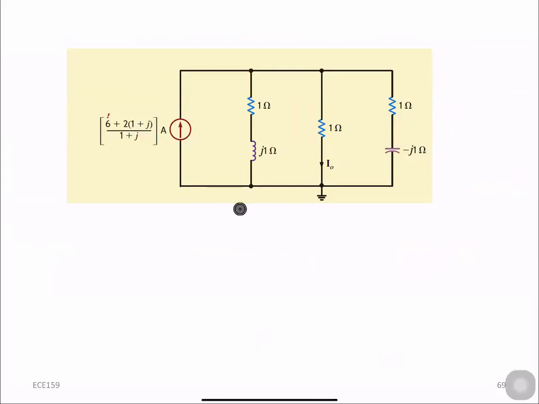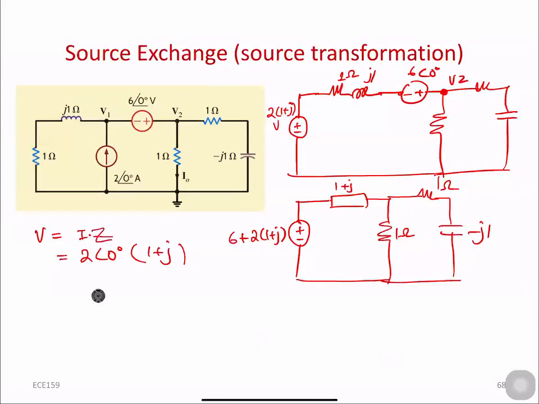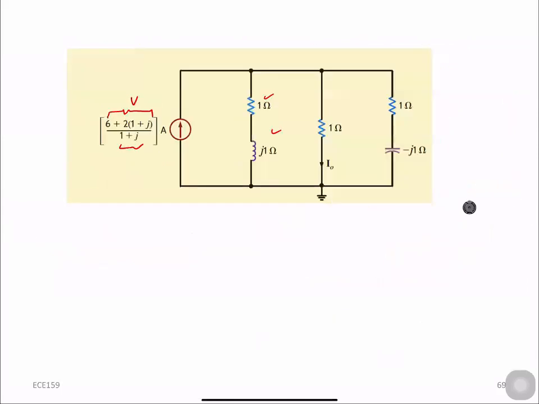This was our voltage, and this is our impedance. We divided this voltage by this impedance, 6 plus 2 times 1 plus j, and make this 1 plus j in parallel to the current source, and this is how it looks like.